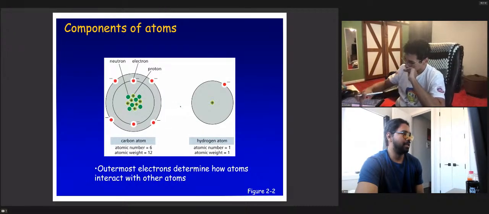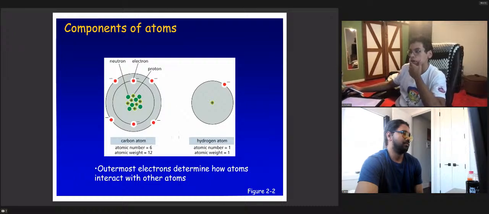All right, and you know about this, atoms, right? Yep. So basically the outermost electrons, otherwise known as valence electrons, determine how atoms interact with each other.